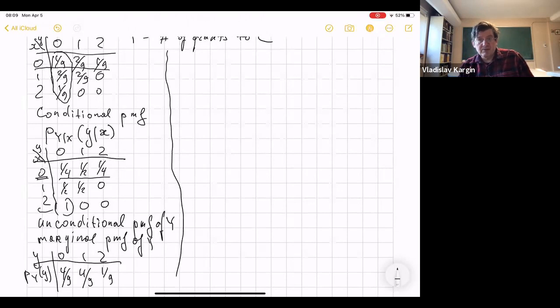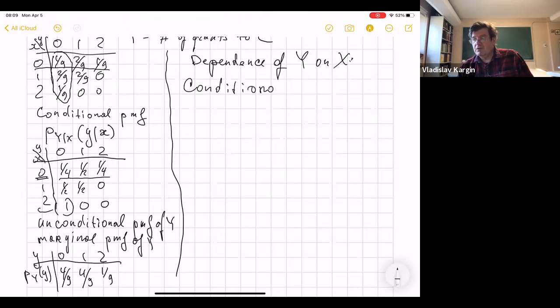So in this example, we observe that there is a dependence of y on x. So the conditional PMF of y depends on x, right?